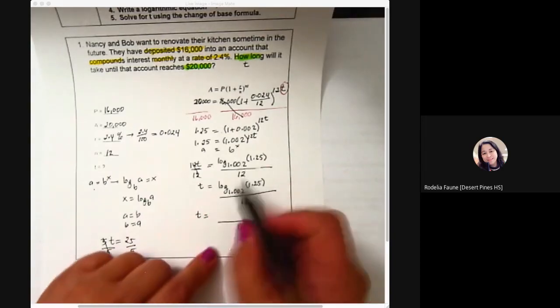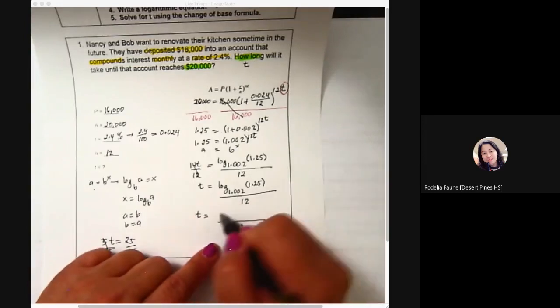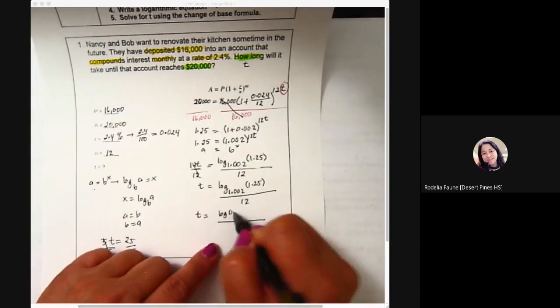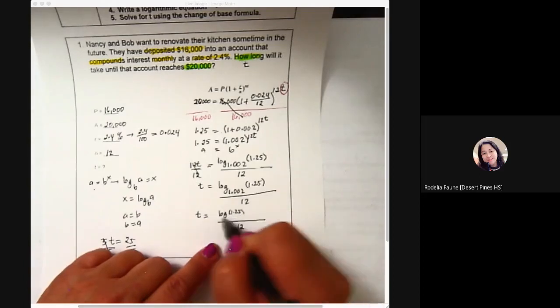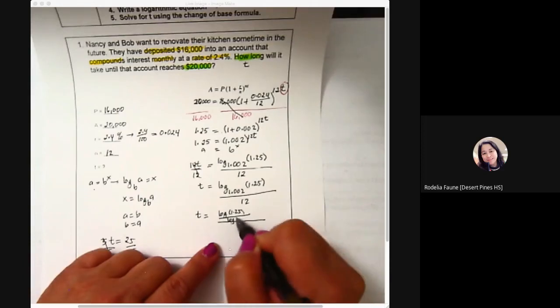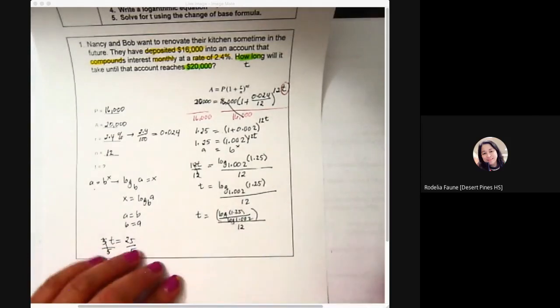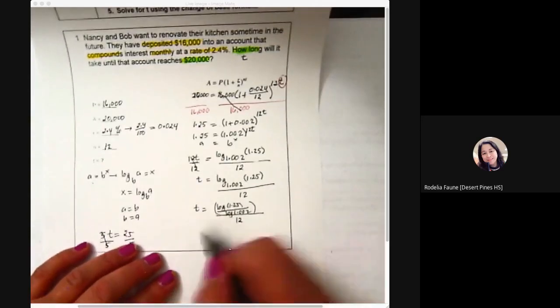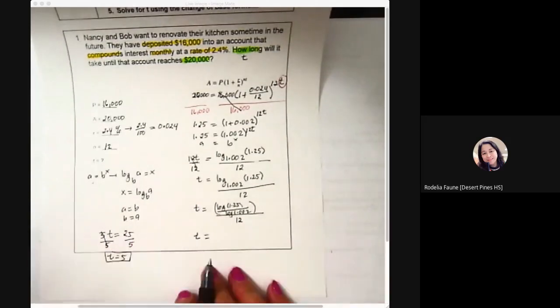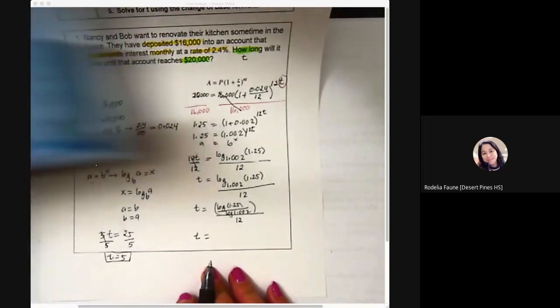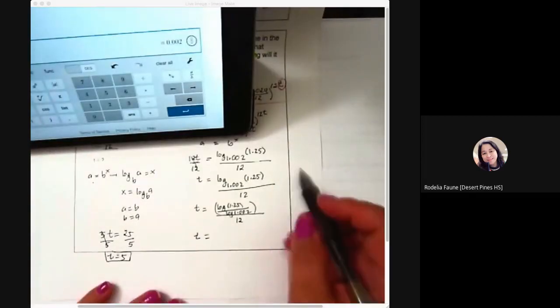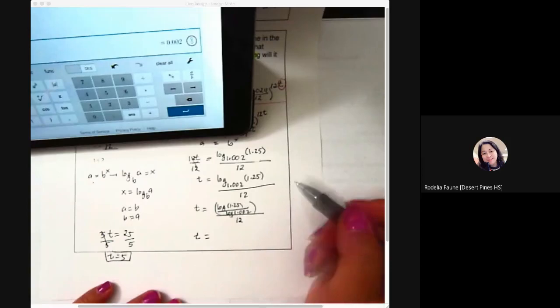Writing that in the change of base formula, we have the logarithm of 1.25 divided by the logarithm of 1.002. So let us use our Desmos calculator to find the answer to that.